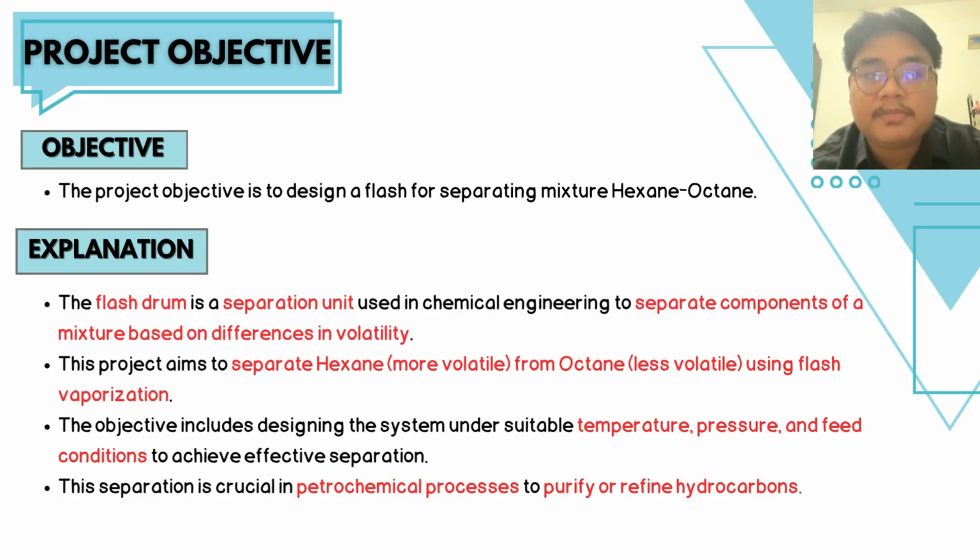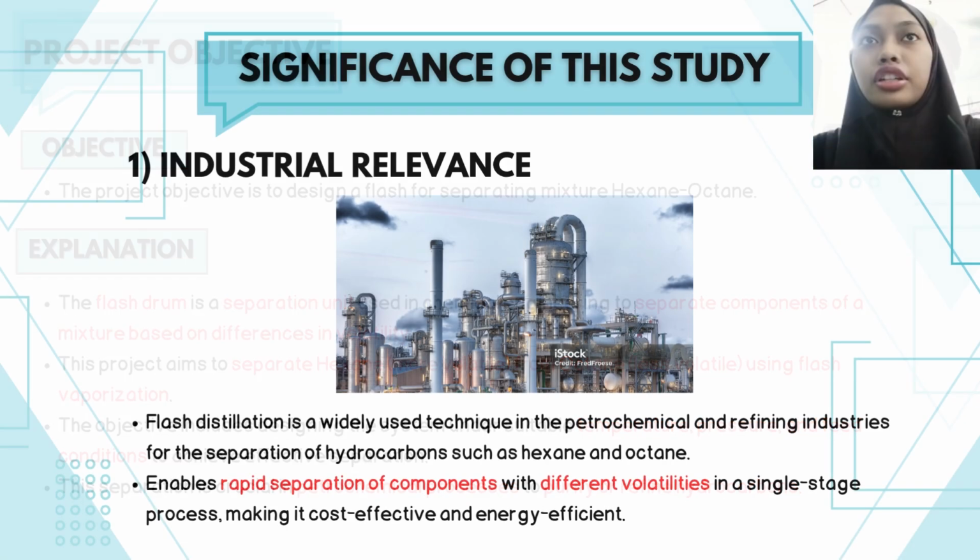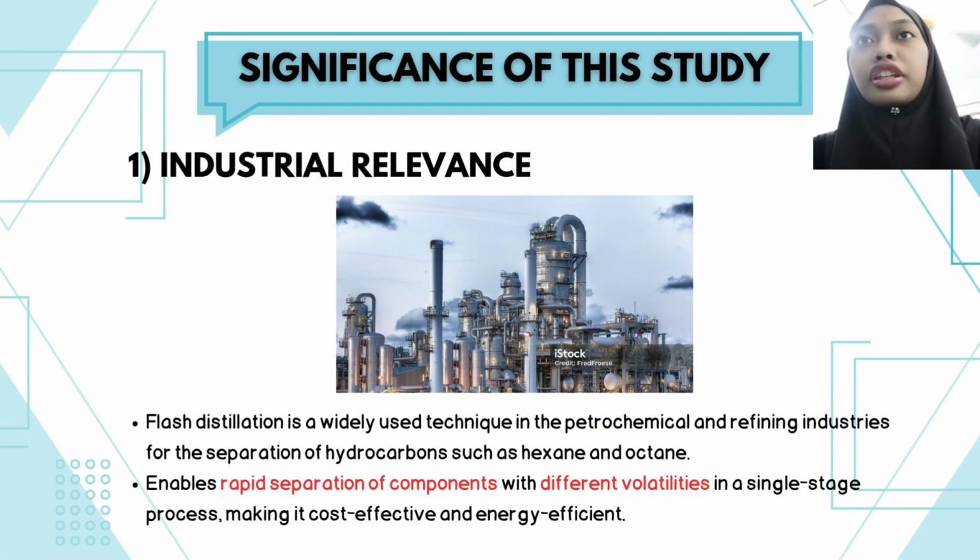This kind of separation is very important in petrochemical processes, where it's essential to purify or refine hydrocarbons for further applications. Flash distillation is a widely used technique in the petrochemical and refining industries for the separation of hydrocarbons such as hexane and octane.